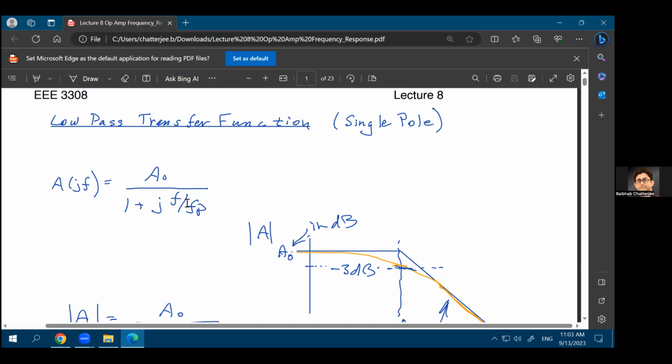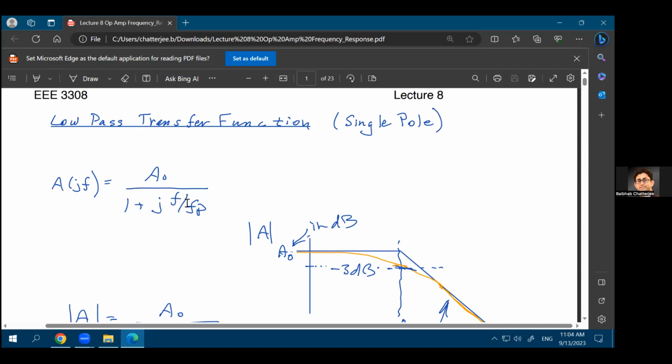But it has a frequency dependence, and the frequency dependence comes because of all the things that we have discussed earlier. The fp is the frequency of the pole, and f is the frequency that you are sweeping, going from zero frequency to higher and higher frequency. So what this really says is that your transfer function is A naught divided by 1 plus j times f over fp. Now, why are we saying that it is the same as the transfer function we have written over here?